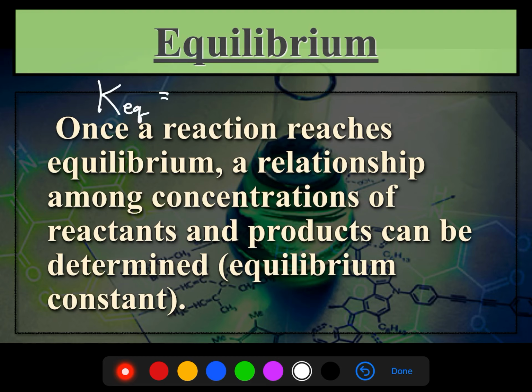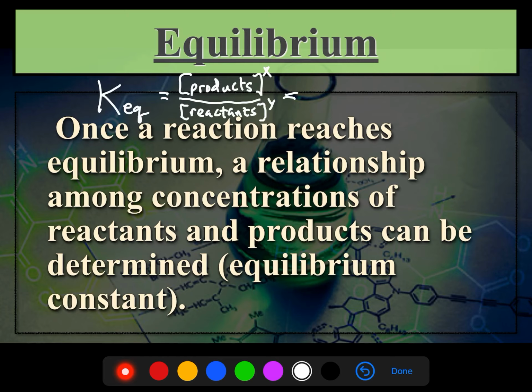So we're going to do concentration of our products over concentration of our reactants. Now, those can be raised to a power. So we'll say products raised to the X, reactants raised to the Y, but it's products over reactants, and it's going to come out to be some value, some number, which describes what's called the position of the equilibria.